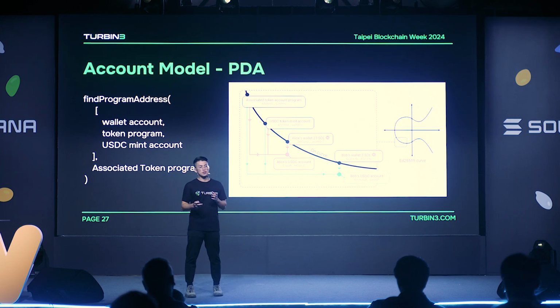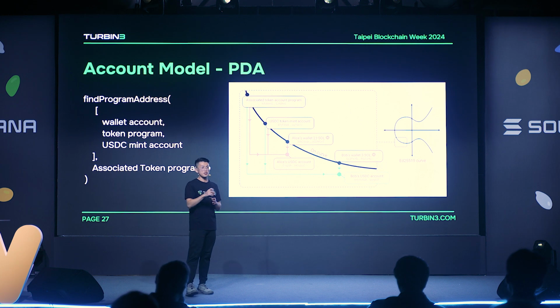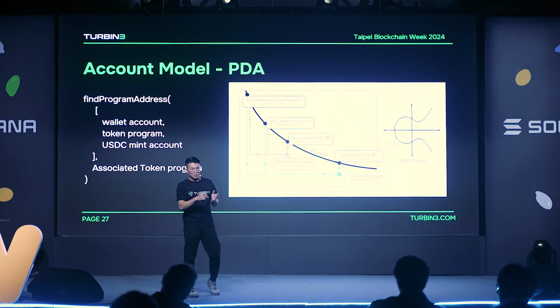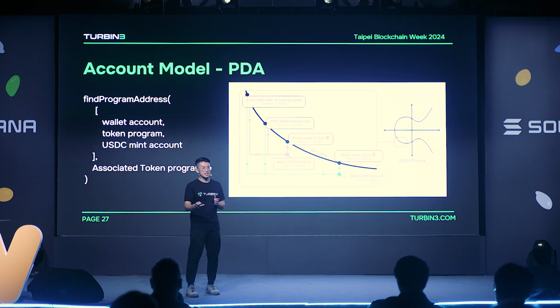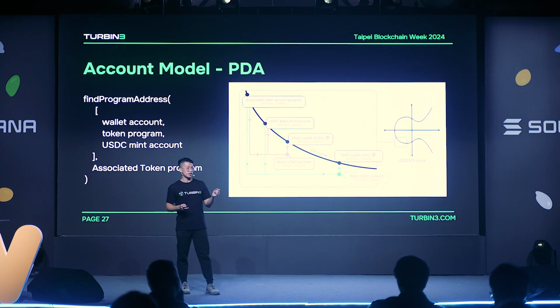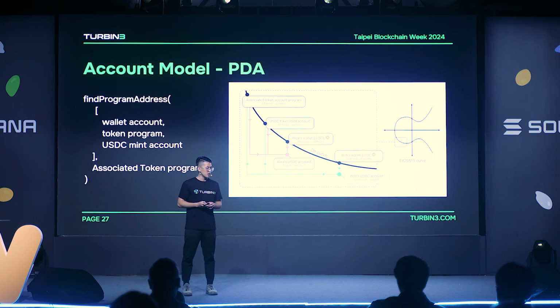This is a deterministic way to calculate others' accounts, so even if others don't have a token account right there, you can still create a token account for them. Yeah, I know it's a bit tough.